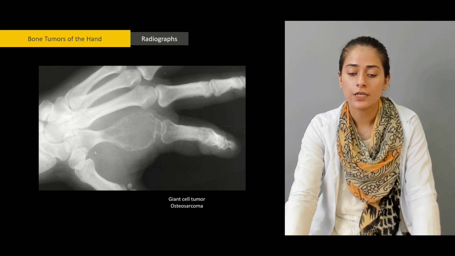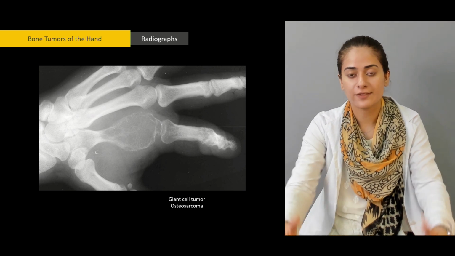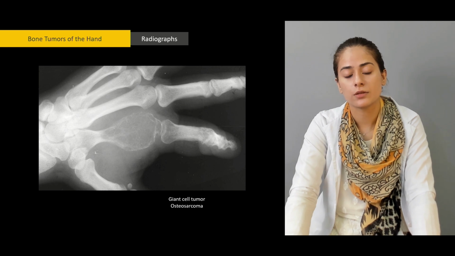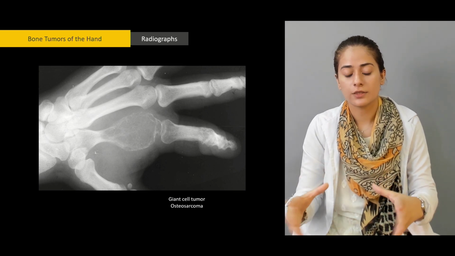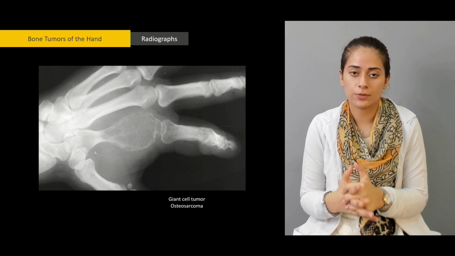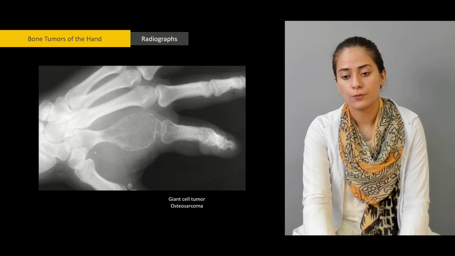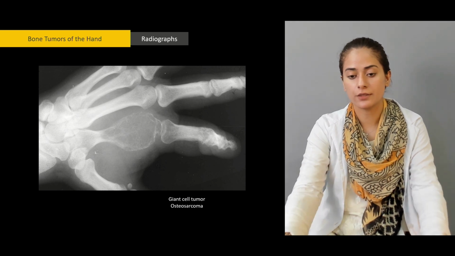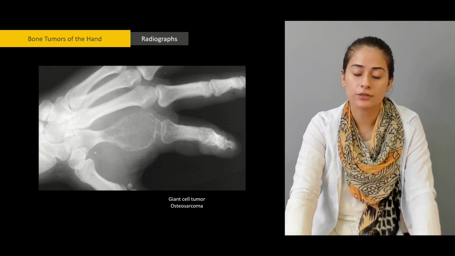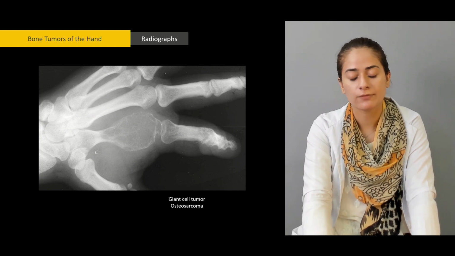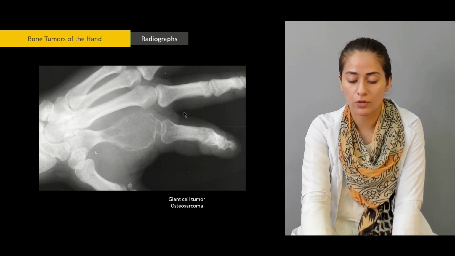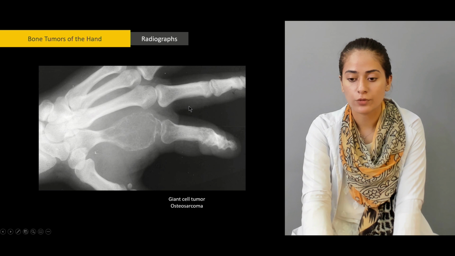Otherwise, if there are other mets here and there, or if a lot of different bone is involved, then there isn't really any option of osteotomy. So there are different treatments to it, but you can't really ever cure cancer. So this is bone tumor, also called osteosarcoma or the giant cell tumor.